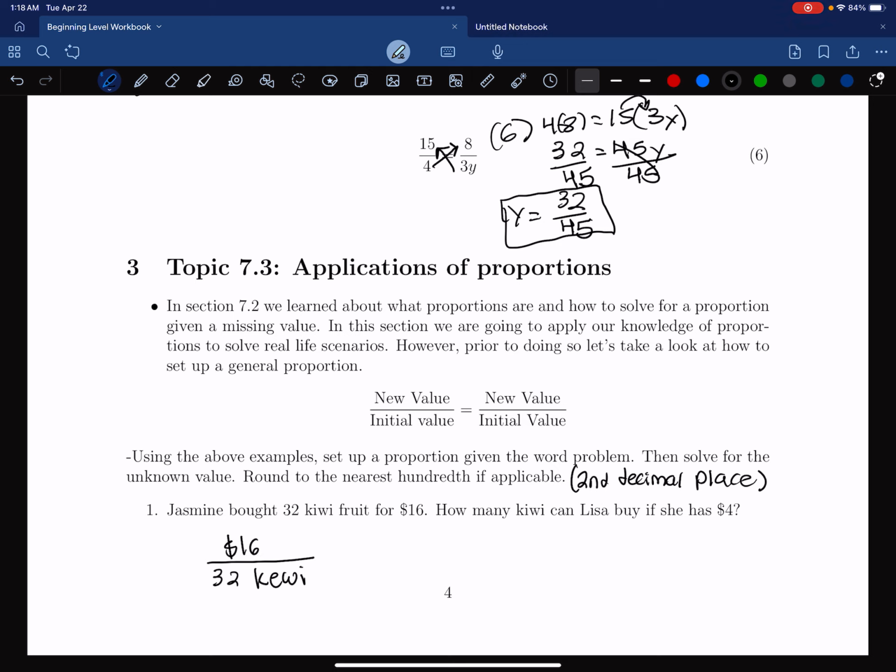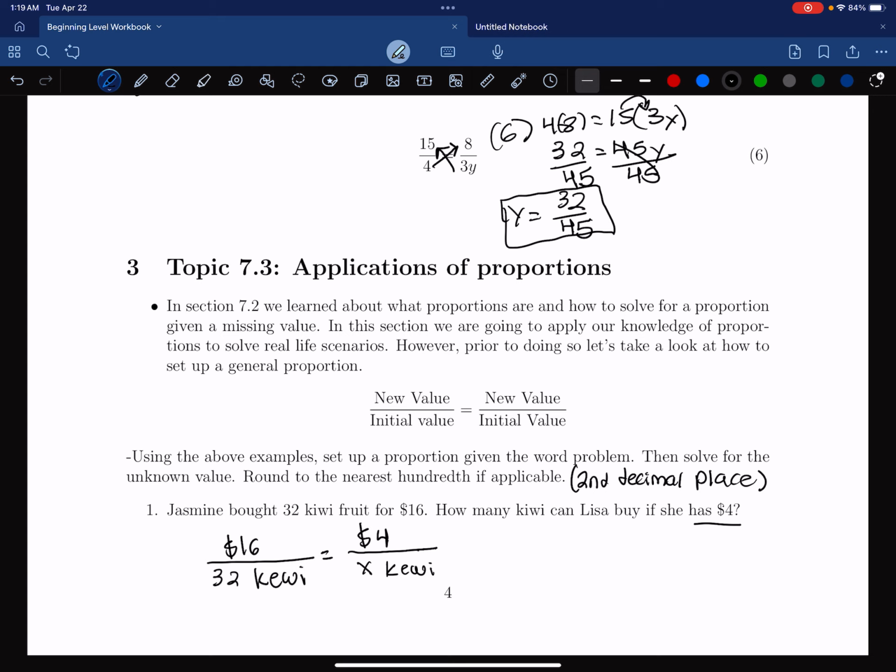So this here is a proportion or a ratio. We can set that equal to, well, we know that she has $4, so we're going to put that in the numerator of this new ratio or equivalent fraction. And then we can put x in the denominator for an unknown amount of kiwi.